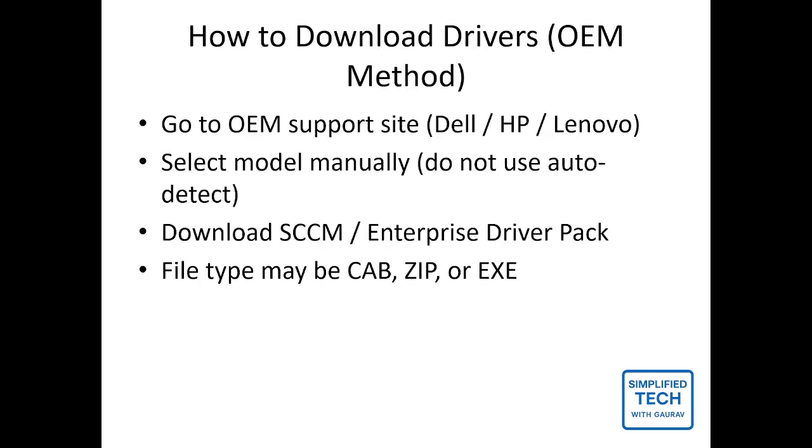How to download? Go to the OEM support site. Select the model manually; don't use auto detect. Download the SCCM Enterprise Driver Pack. The file type may be CAB, zip, or exe.